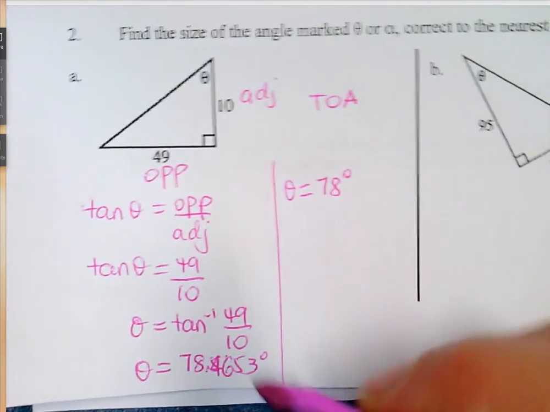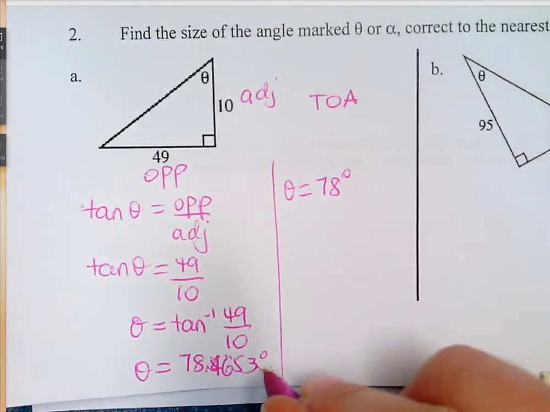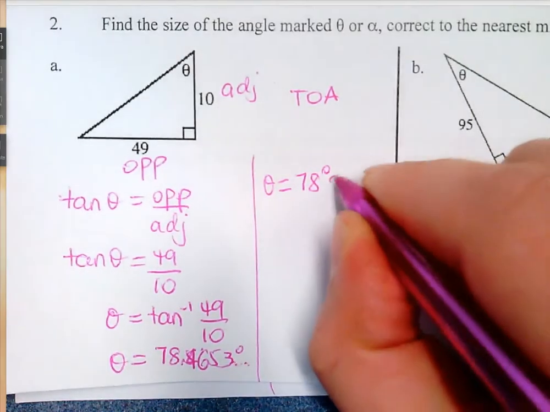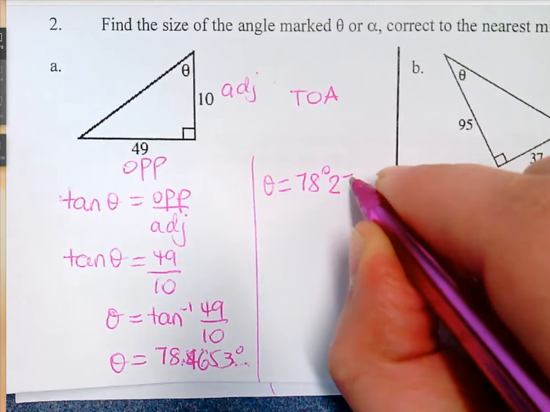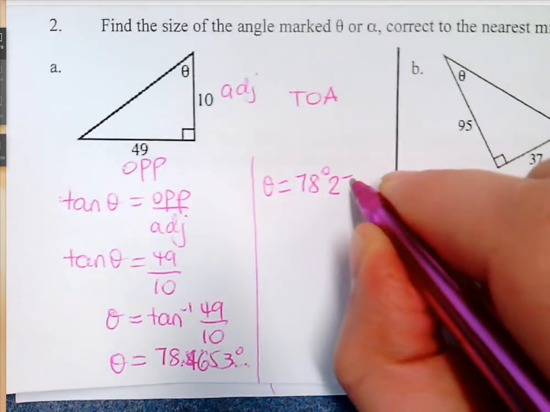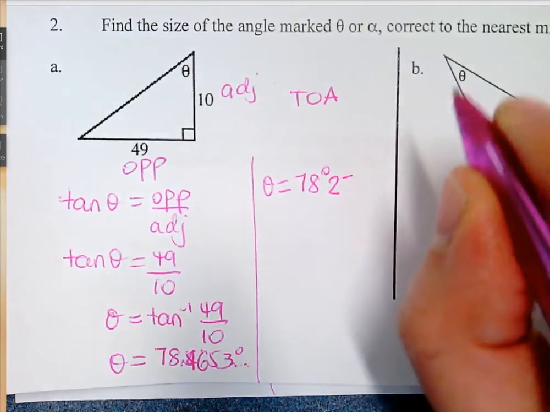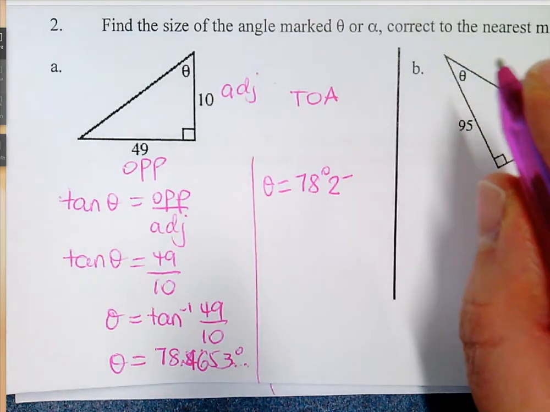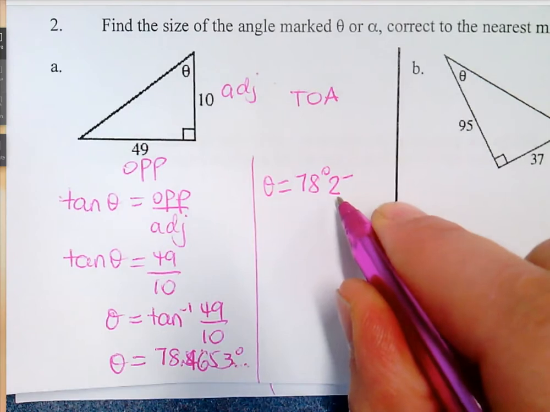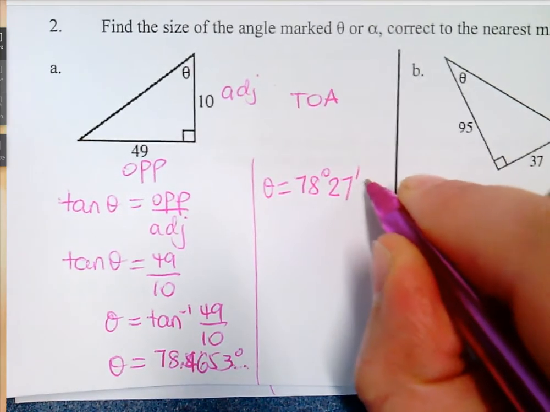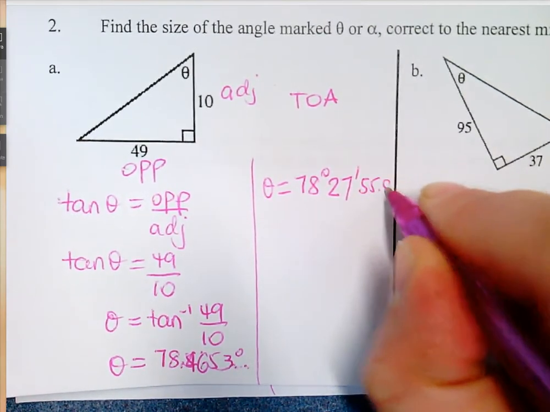DMS. When you get that answer, 78 degrees, 27 minutes. How many seconds? I need to know exactly. 78 degrees, 27 minutes, and 55.37 seconds.